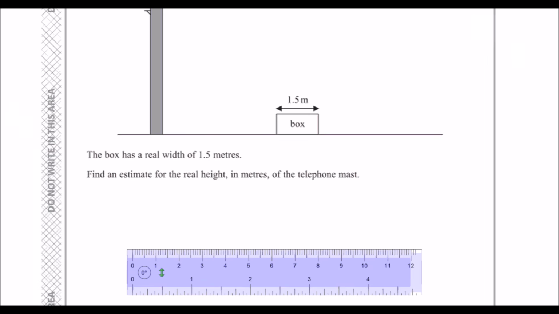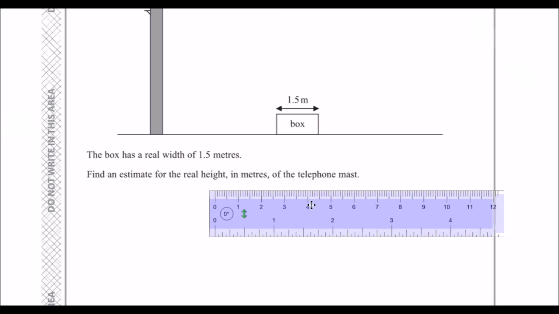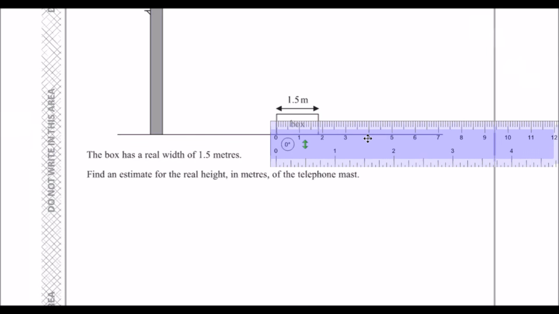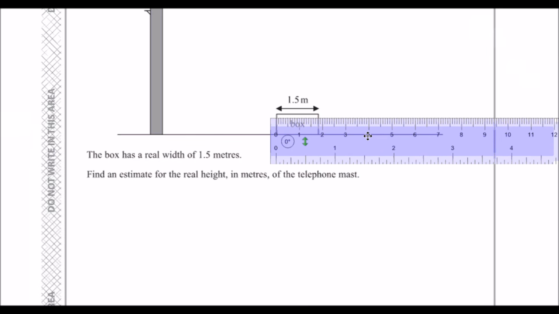So we'll get the ruler and measure the width of the telephone box in the diagram. So we've got 1.8 centimeters. So 1.8 centimeters on the diagram is 1.5 meters in real life. So now we can measure the height of the mast.